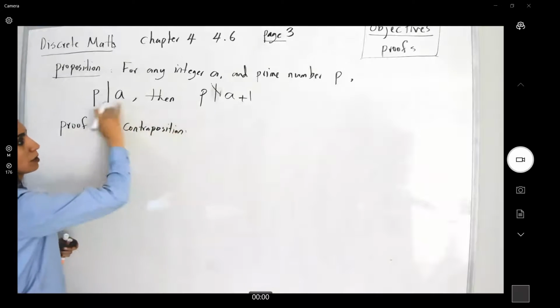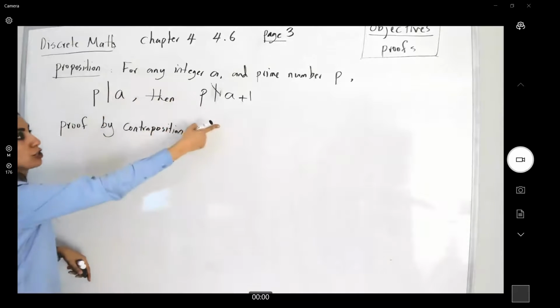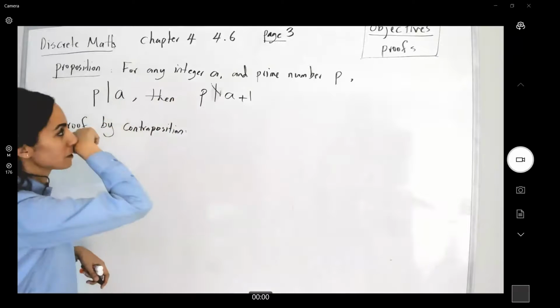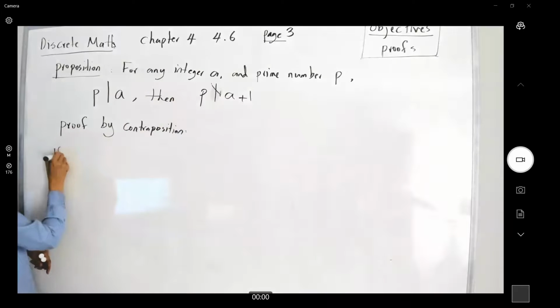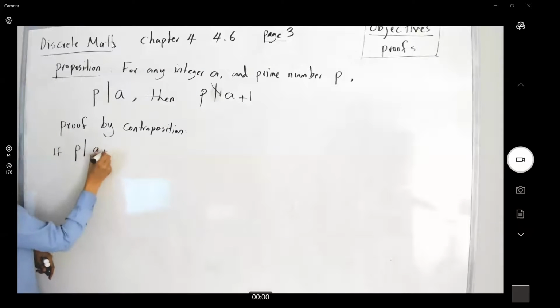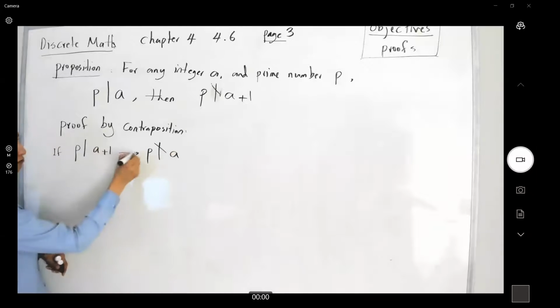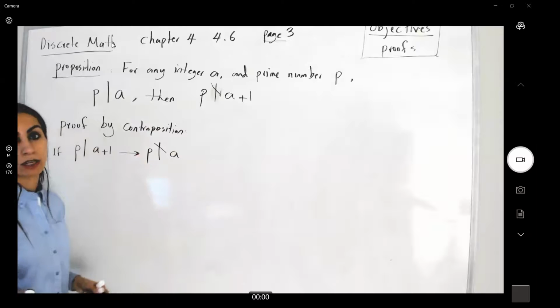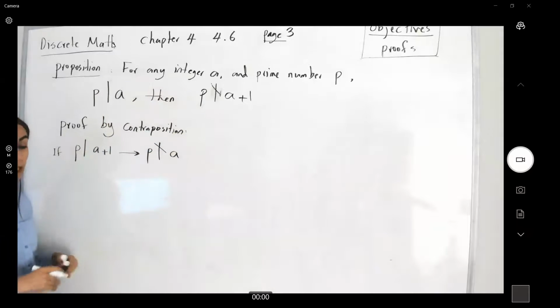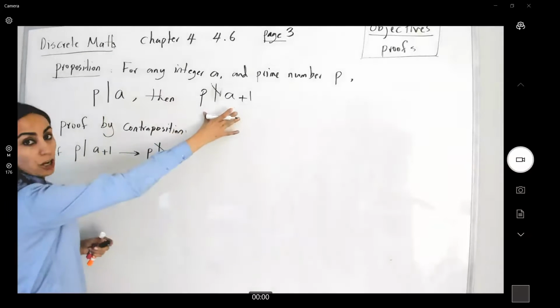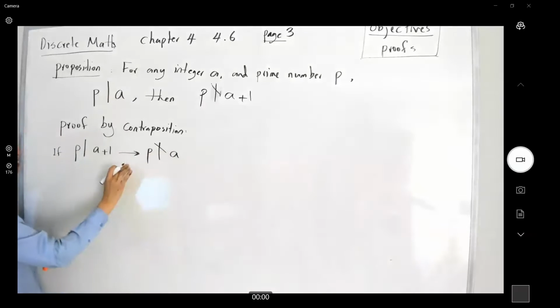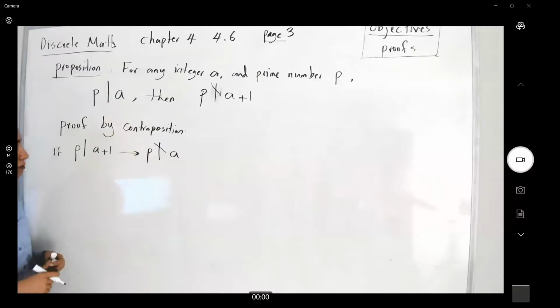So instead of proving if P then Q, we prove if not Q then not P. So we try to prove if p is a factor of a plus 1, then p is not a factor of a. For contraposition, we write down the contrapositive of the statement: the negation of your conclusion, then the negation of your assumption. Okay, what's next? If p divides a plus 1, then p doesn't divide a.